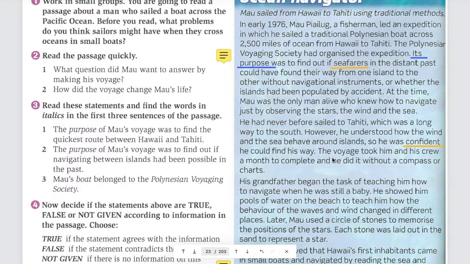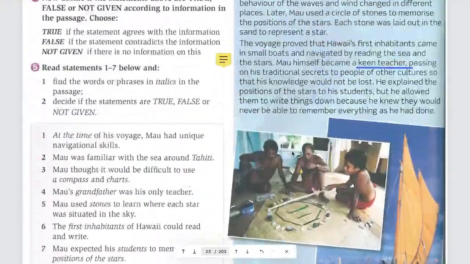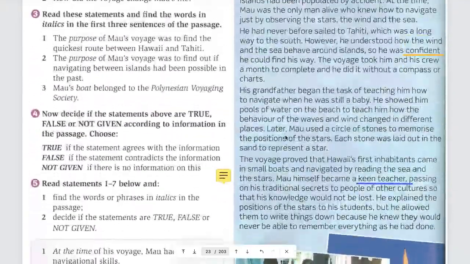Okay. Next, seafarers. You know, right? Line number 5. So we have seafarers, we have confident. Seafarers means people who travel on the sea. Yes, that's right. What else?